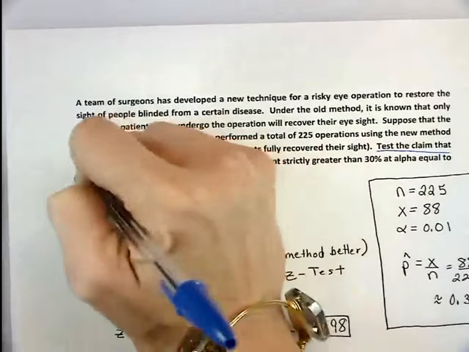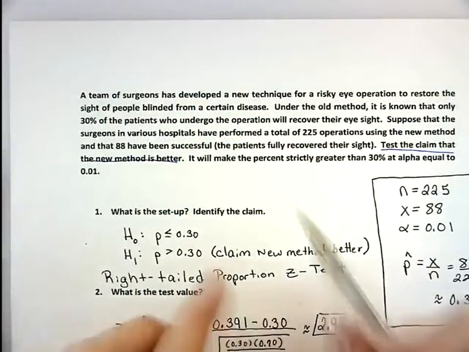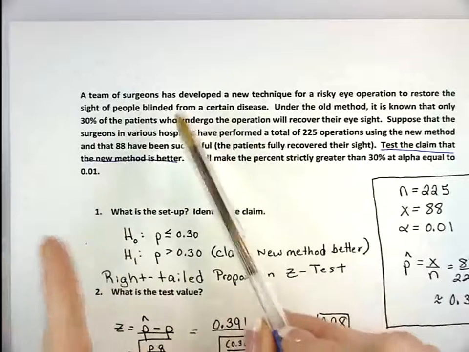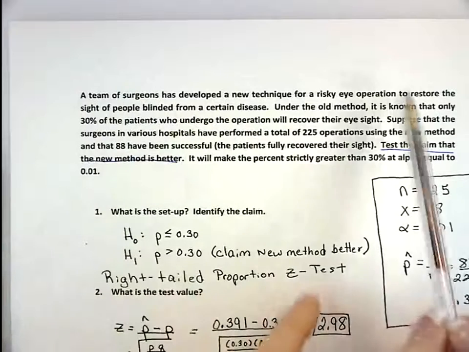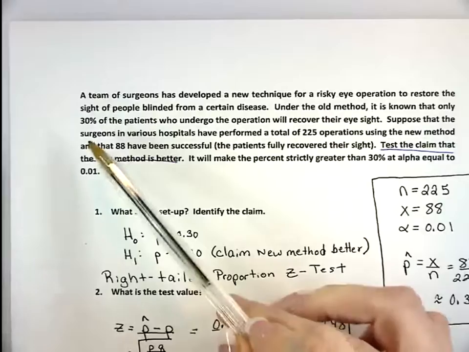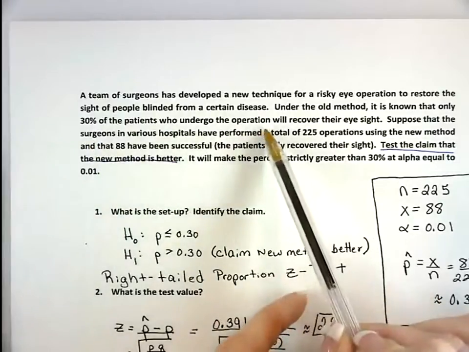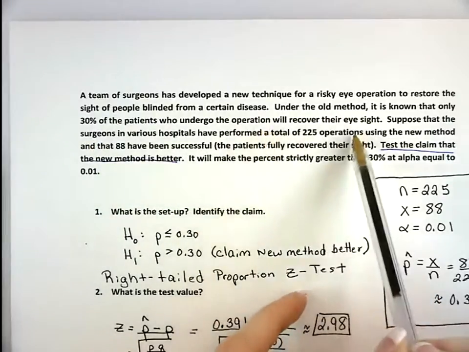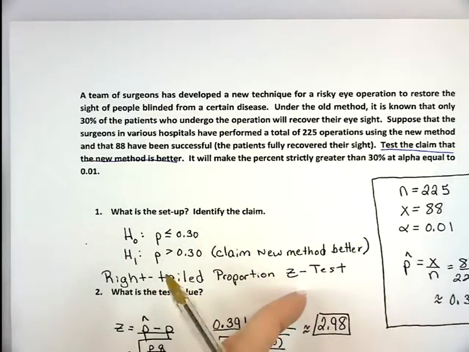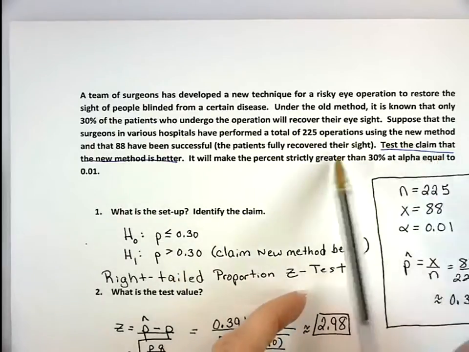I used to give this as a quiz when I gave quizzes in statistics, and some students did not know how to set this up. But under the old method, it says that they found that only 30% of patients who undergo the old method of surgery or operation recover their eyesight. And it says they want to test the claim that the new method is better.